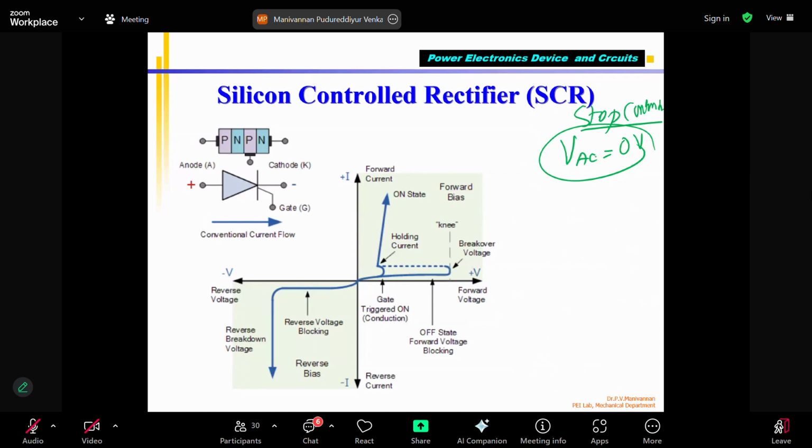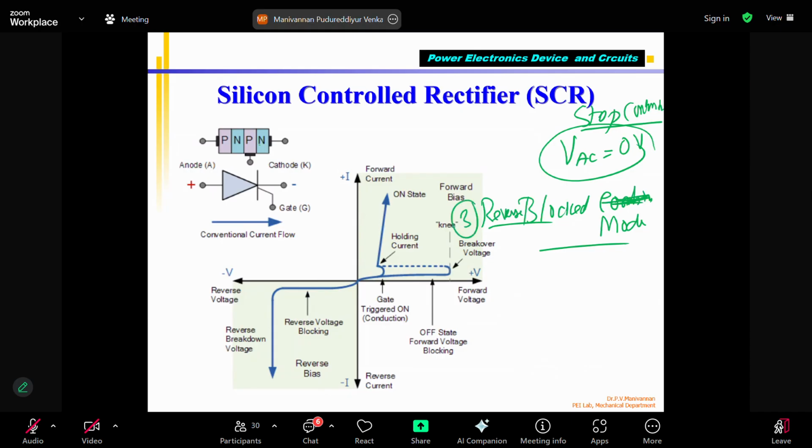The third condition is the blocked mode. Forward blocked mode, then forward conducting mode, and the third mode is called the reverse blocked mode.